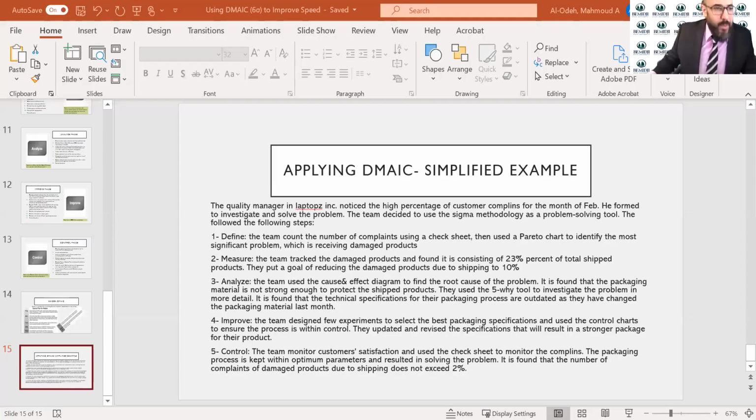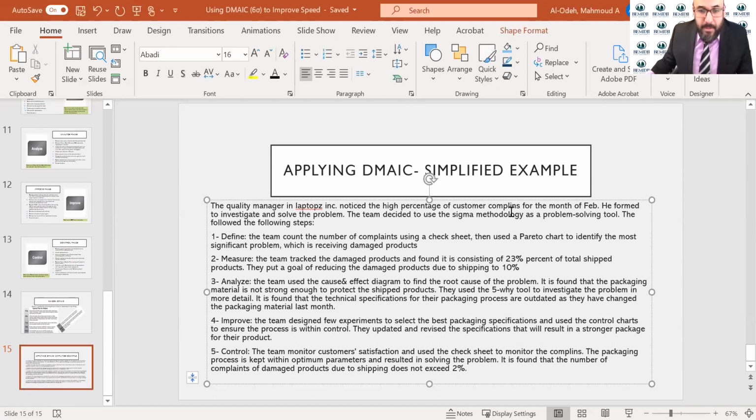What I have here is a scenario for a quality manager in laptops. This quality manager notices that there is a high percentage of customer complaints, and that was for the month of February.